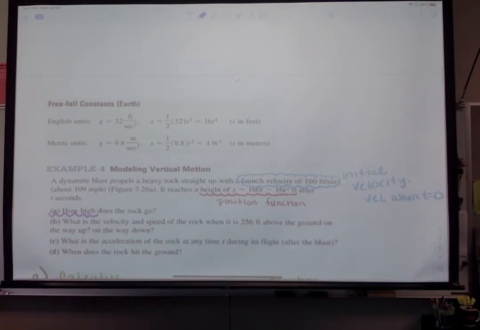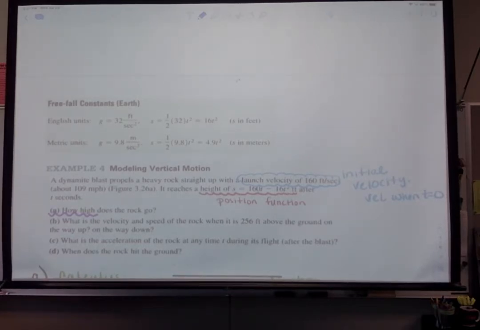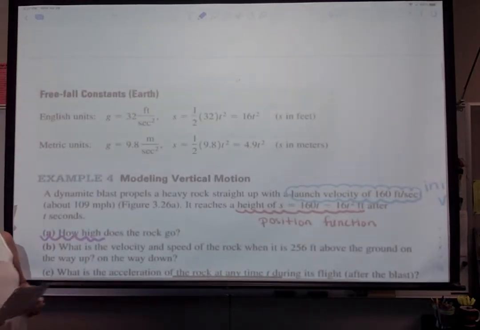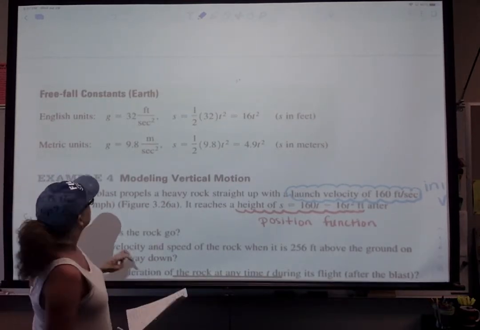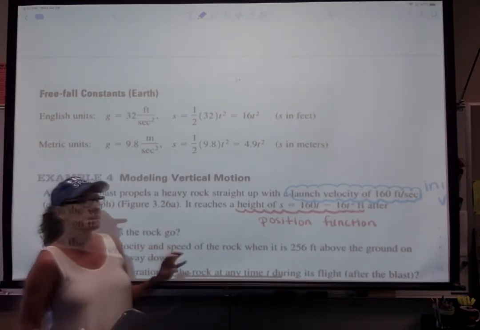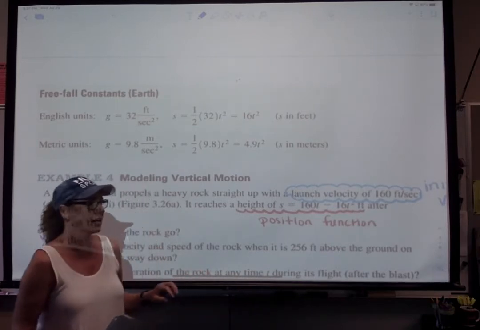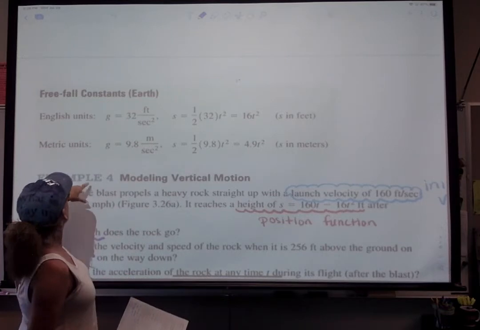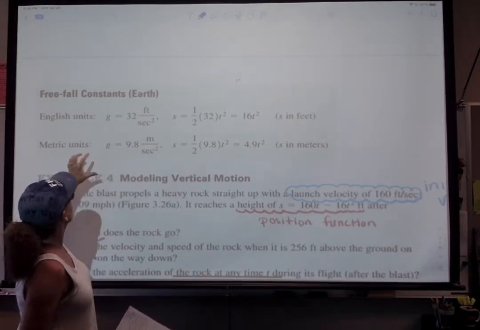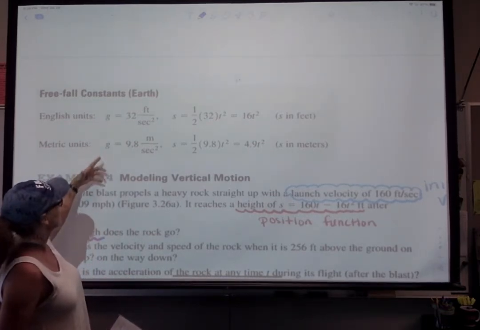All right, moving on. In case you're not given these, I don't know if you're going to need them or not, but these are the free fall constants, or the force of gravity.